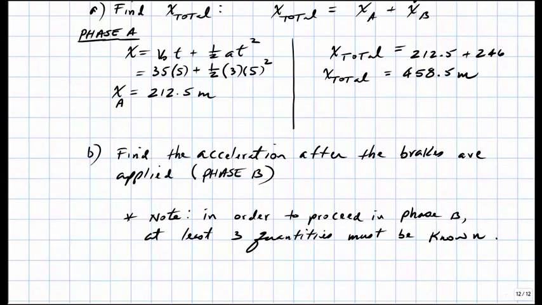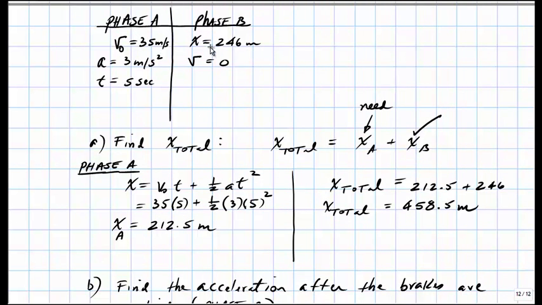In other words, if you try to find an equation for acceleration within our 1D motion box, you will be unable to solve for acceleration because you only have 2 variables known. So the question is, how do we now obtain a 3rd variable within phase B?